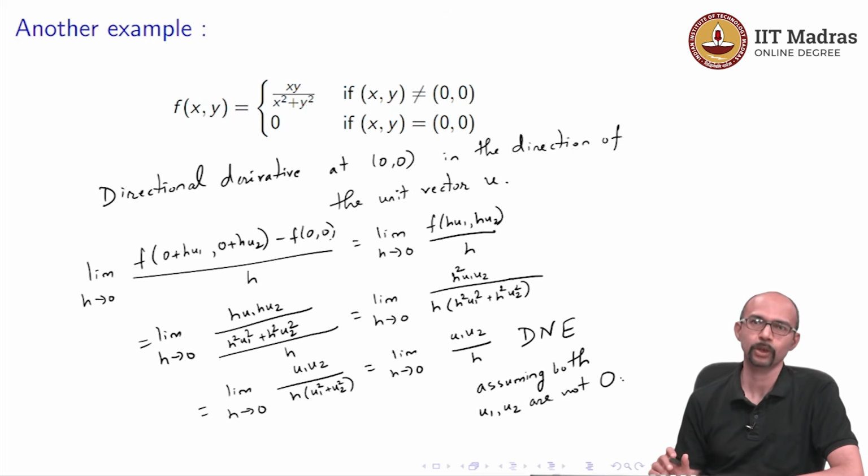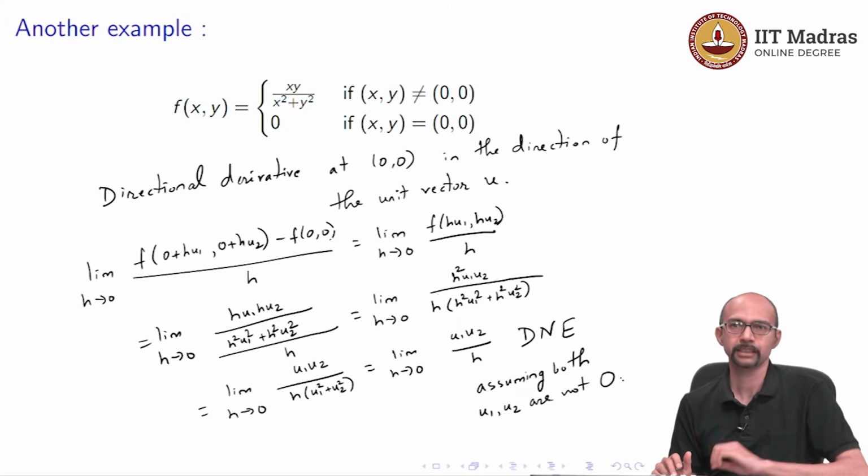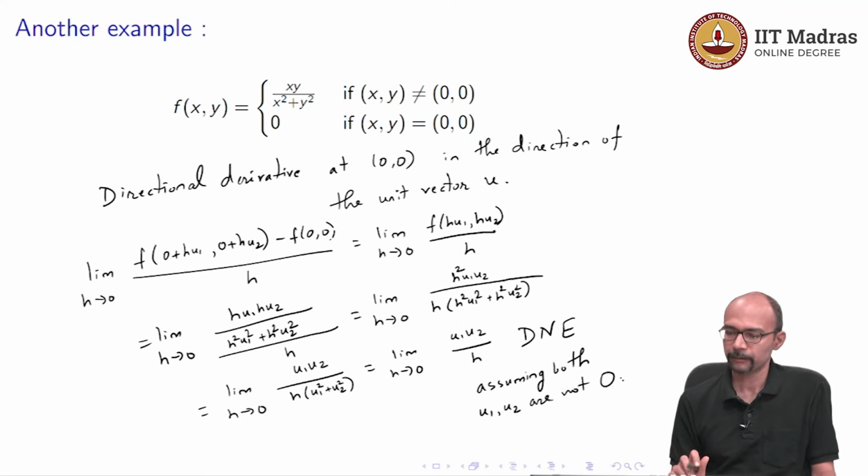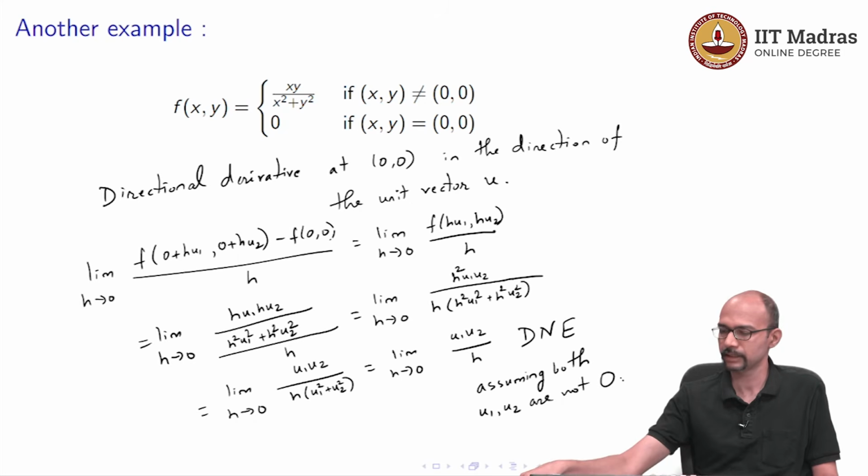What happens if one of them is 0? Well, that is exactly the case where you have the partial derivatives, and we checked in the partial derivatives video that the partial derivatives are both actually 0. So, the partial derivatives here do exist, both of them are 0, but other than the partial derivatives no other directional derivative exists. So, the only directions where the rate of change is defined is in the direction of the x axis or the y axis. For no other direction is it defined.